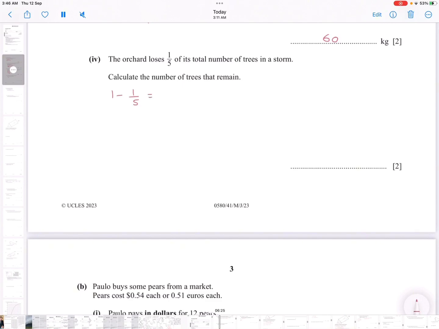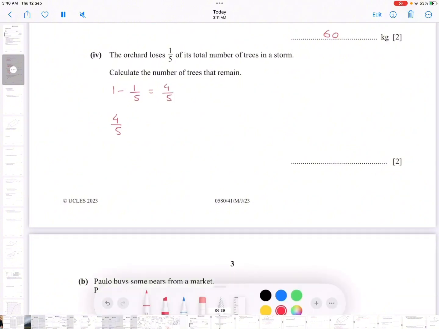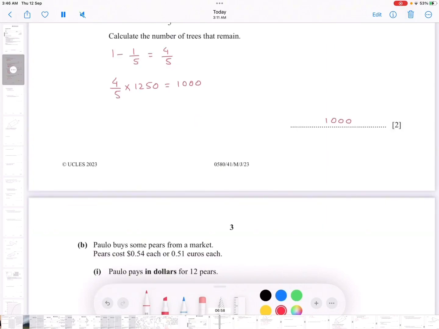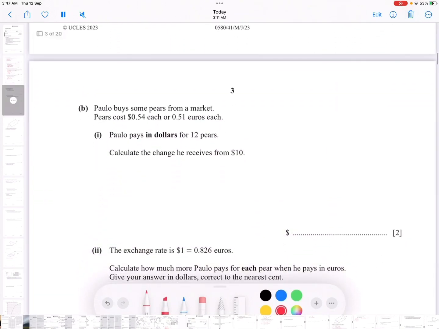Whenever you see a fraction, it ends up to 1. So 1 minus 1 over 5 is 4 over 5. So total number of trees, we have to calculate the number of trees that remain. So 4 over 5 of 1250, and this is 1000 trees are left.